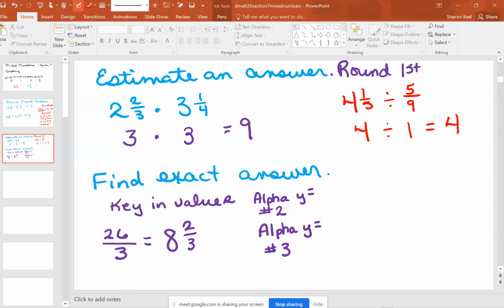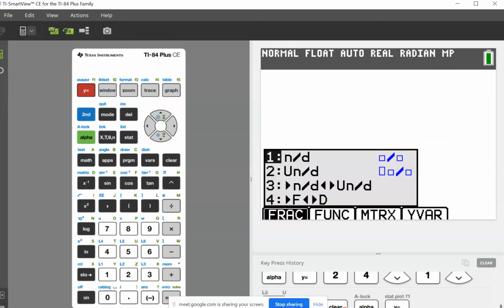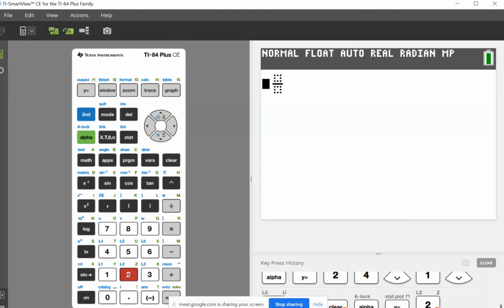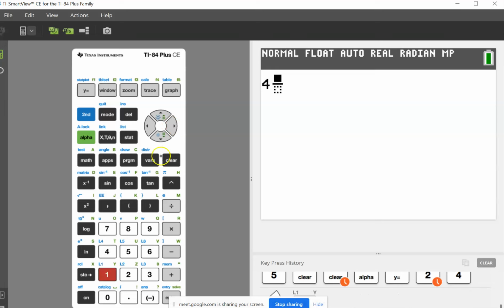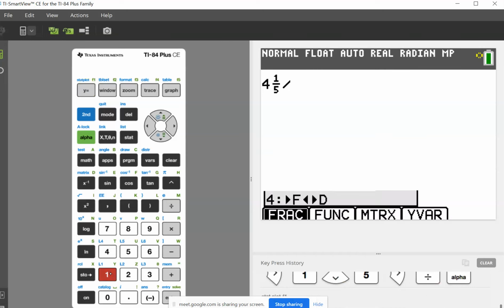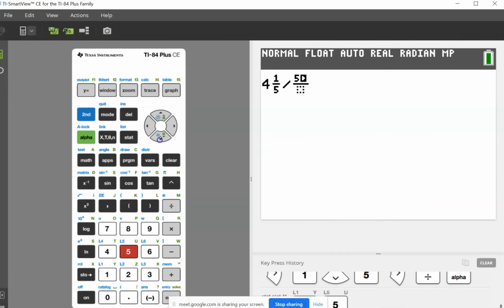So when we want to get an exact answer, we're going to do alpha, y equals. We're going to choose number 2, and we're going to enter both of these items just as we have them. So we have 4 and 1/5. Move out from under the bottom of the fraction, divided by alpha, y equals, just a fraction, so we're going to choose number 1. Number 1 is 5/9.